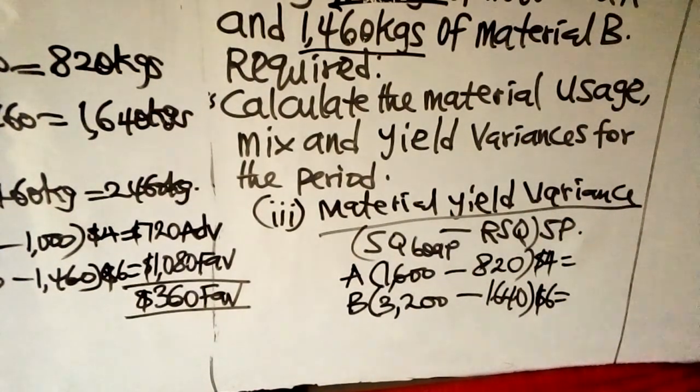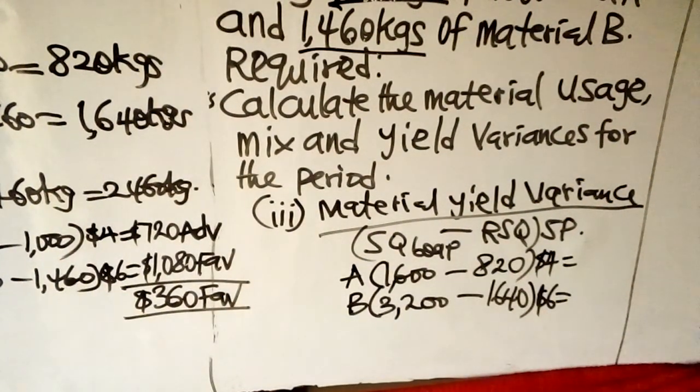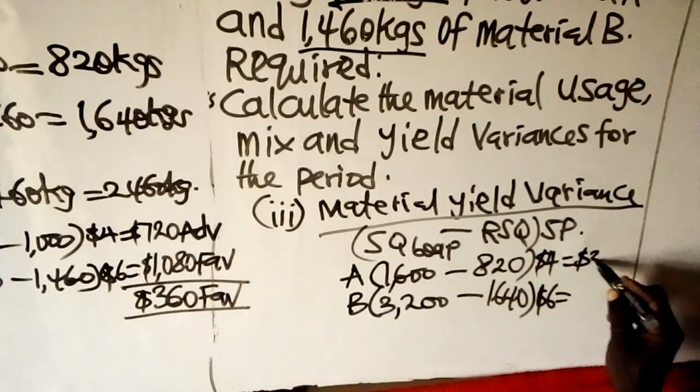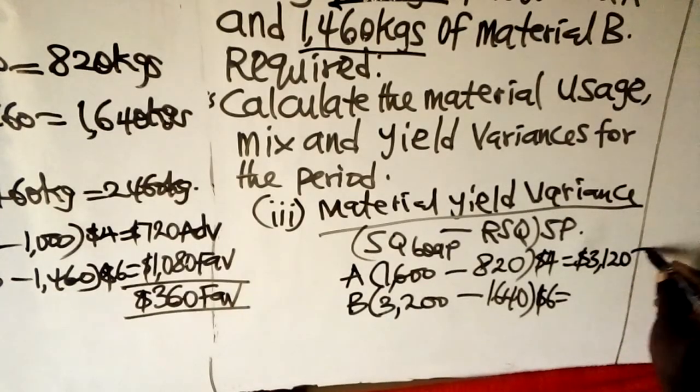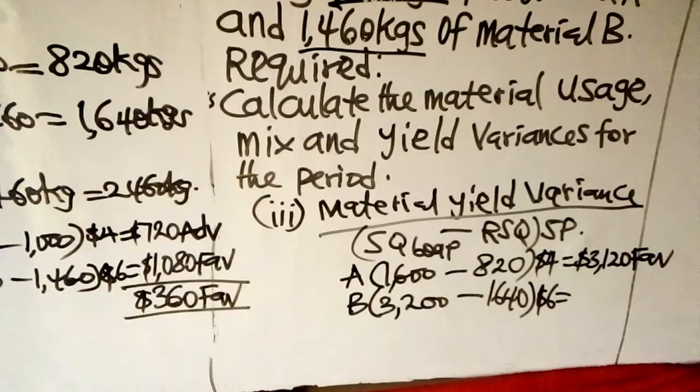So if you now have 1,600 minus 820, then you have 780. 780 times 4, then we have 3,120. This is a favorable variance because less material was used than planned.